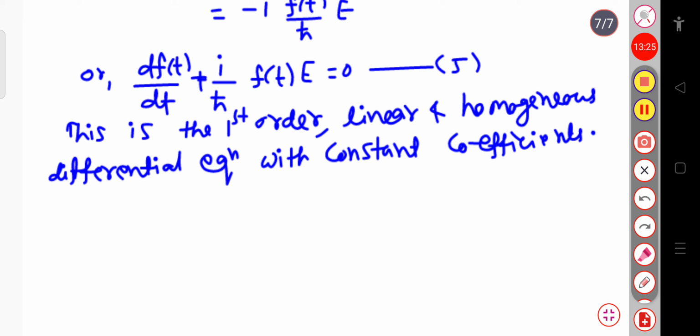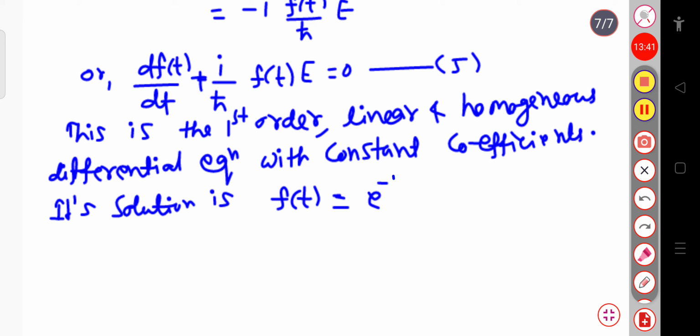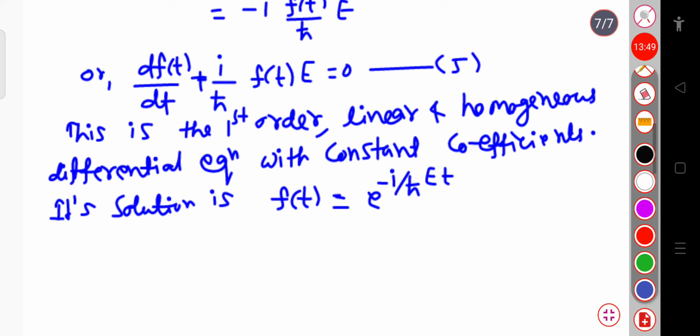So its solution is f(t) equal to exponential of minus iota divided by ħ into E into t. So this is the solution of equation number 5.